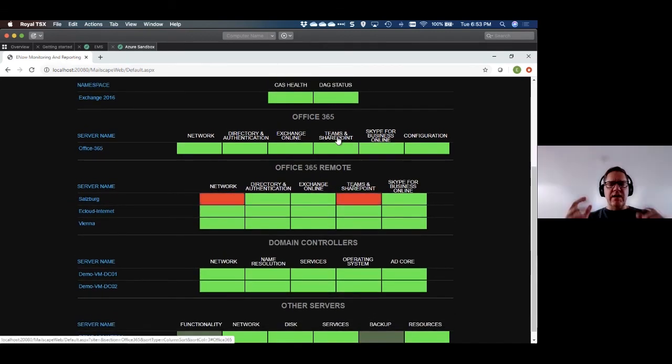So being able to visually see and understand the context of where these outages are occurring is a very powerful tool and capability to monitor your end user experience.